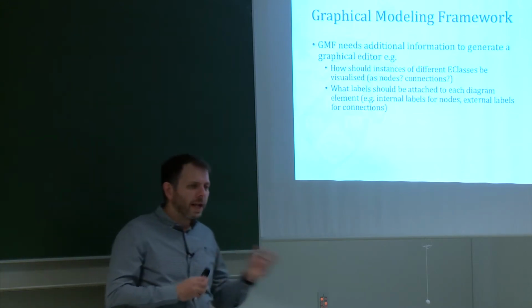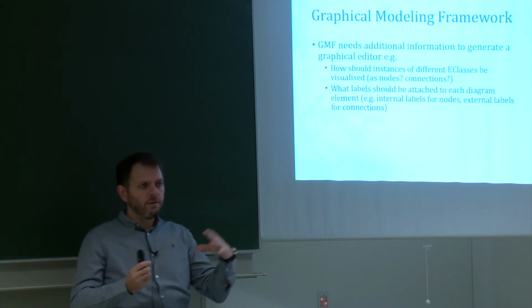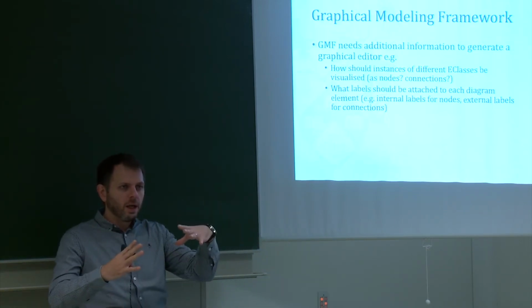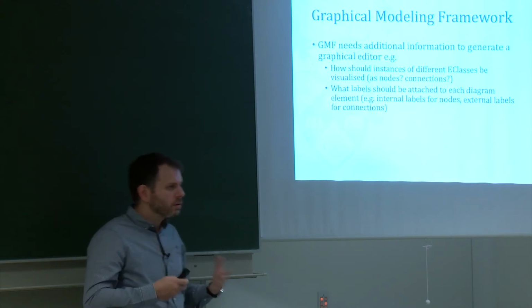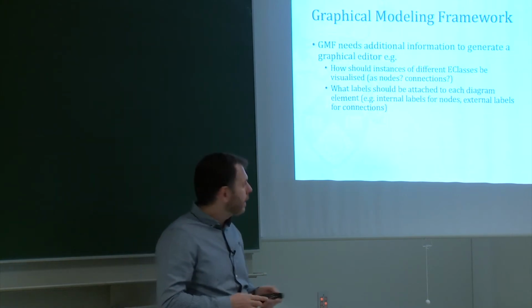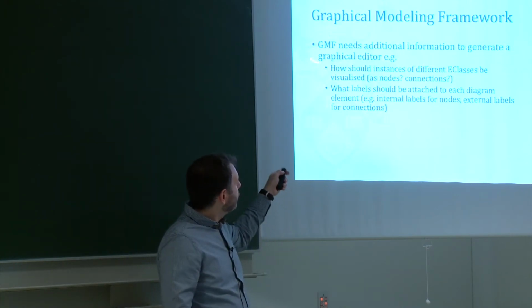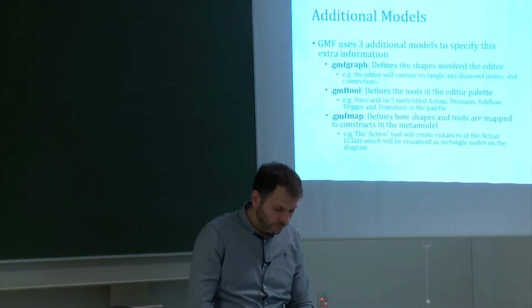If we have a containment reference, should it be visualized as a link? Should it be visualized as a spatial containment in the form of a compartment? So there's a lot of information that we don't actually have in the model and that we would need for GMF to generate a graphical editor.